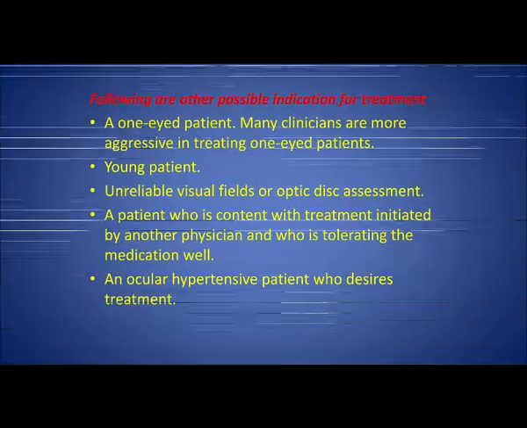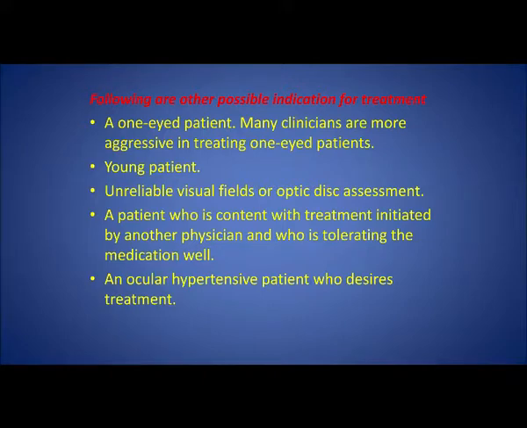Other possible indications for treatment: a one-eyed patient, a young patient, unreliable visual fields or optic disc assessment, a patient who is already on treatment by another physician and is tolerating the medication well, and an ocular hypertensive patient who desires treatment.